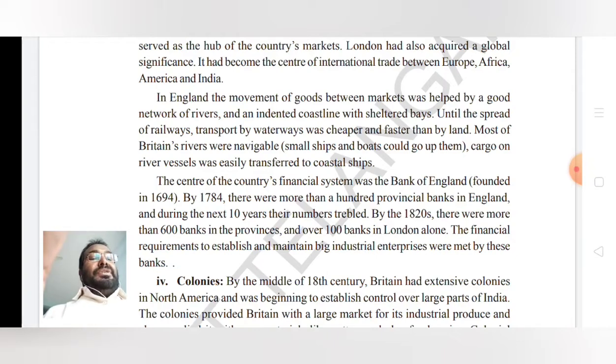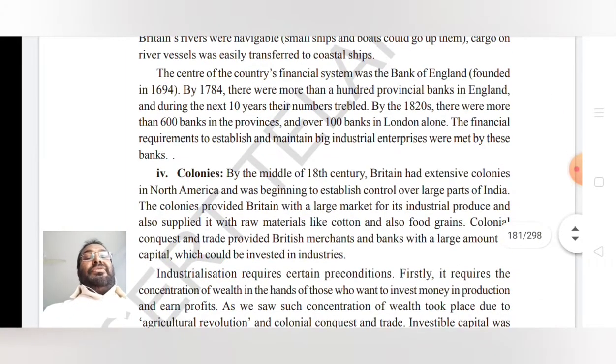By 1820, there were more than 600 banks in the provinces and over 100 banks in London alone. So the financial requirements to establish and maintain big industries and enterprises were met by these banks. So this is one of the reasons for the development of industrial revolution in England.